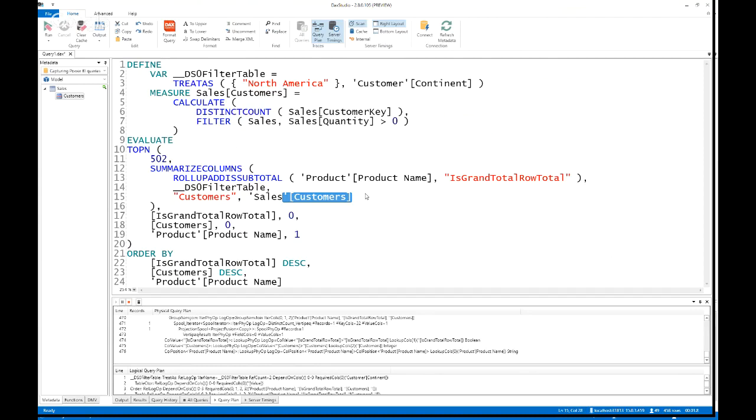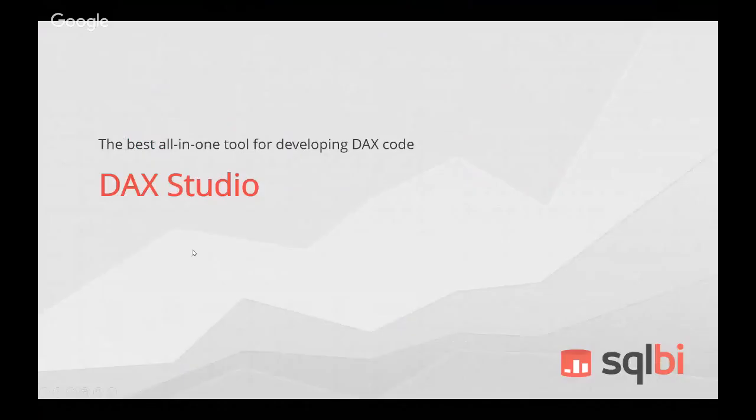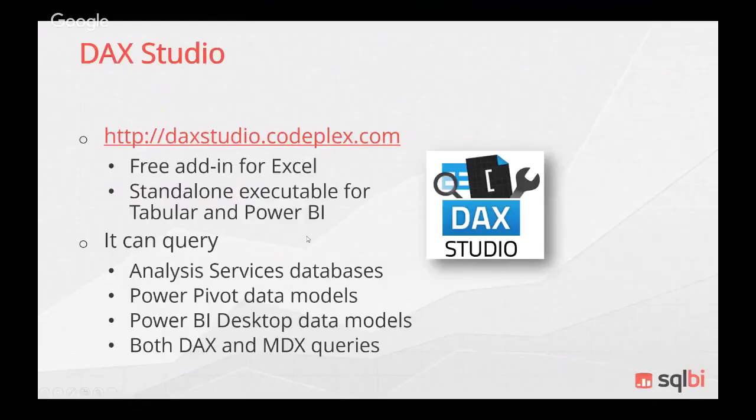However, before moving forward, I want to do a very quick recap of what we have seen so far, because we introduced DAX Studio, a tool that you can download from this link. It's a free tool, a free add-in for Excel if you have Excel, but also a standalone application when you use it with Power BI. And it can be used to design DAX queries.